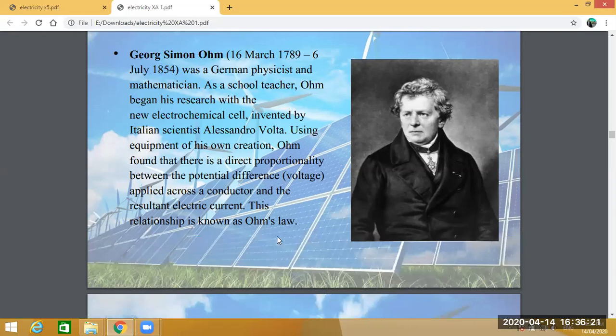So now we came to know that George Simon Ohm gave a relationship between electric current and potential difference across the conductor. And in between this relation, a fundamental or basic property of material gets involved.